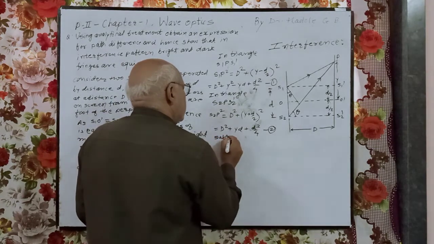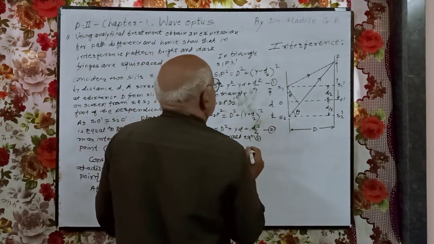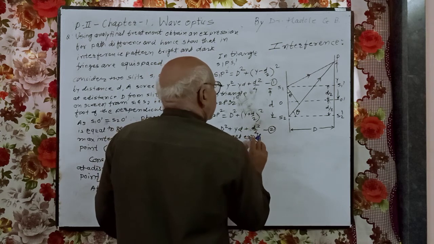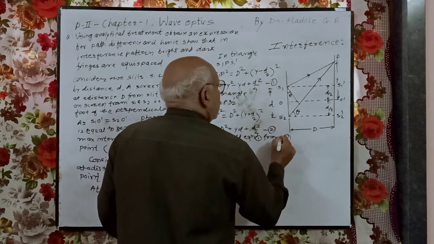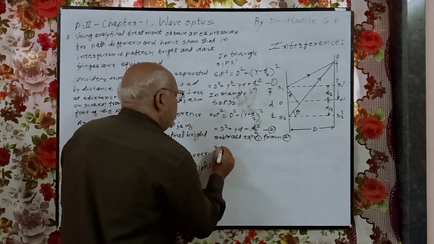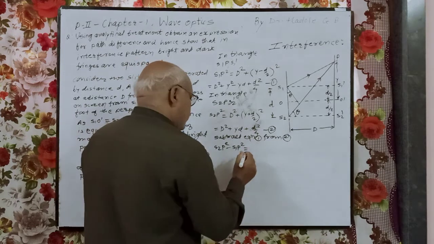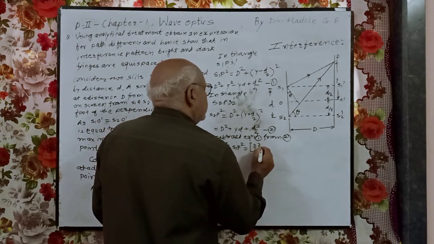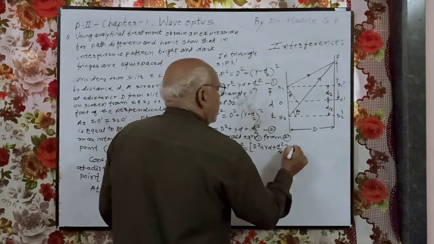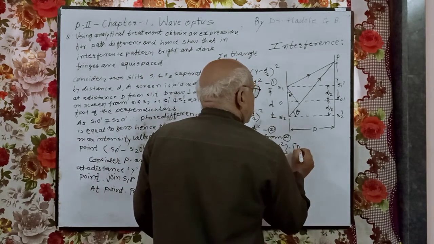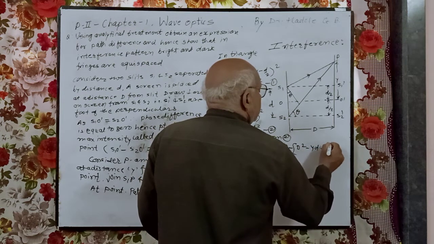Subtract equation 1 from 2. We write S2P square minus S1P square equal to D square plus y into d plus d square by 4 minus D square minus y into d plus d square by 4.